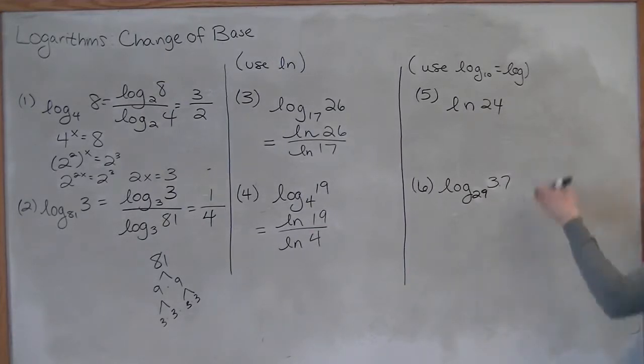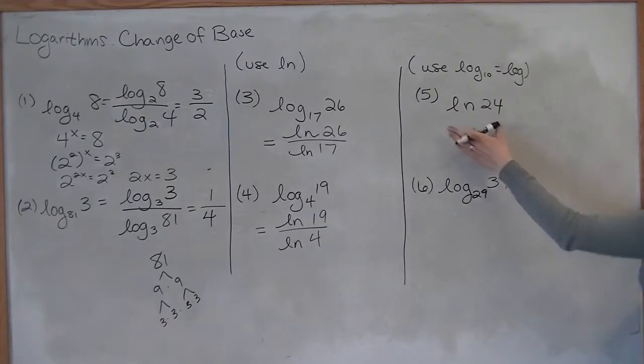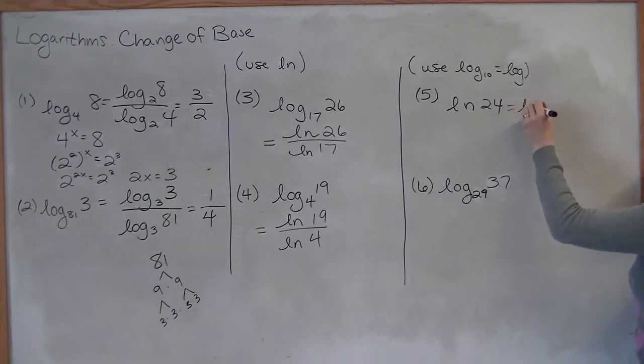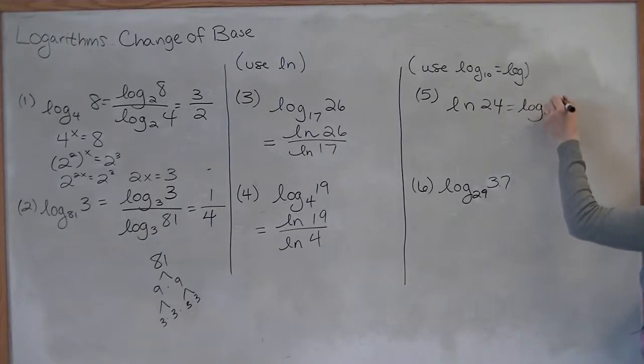Now for these two, we want to use log base 10, which we commonly just drop the 10. We just write it as log without a base. If you see a log without a base, we can always assume it's log base 10. Now, changing ln using the change of base formula is a little bit tricky, but all we really need to remember is that that's the exact same thing as log base e of 24. It's just a type of shorthand.